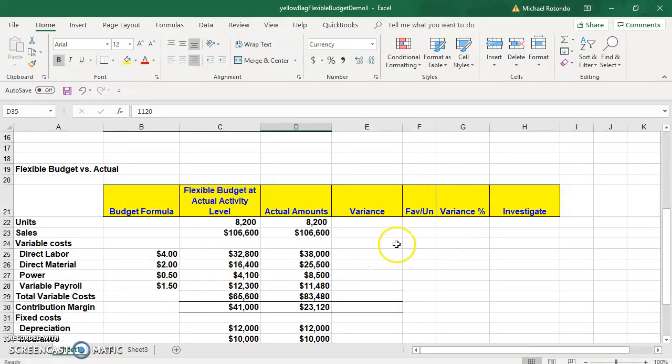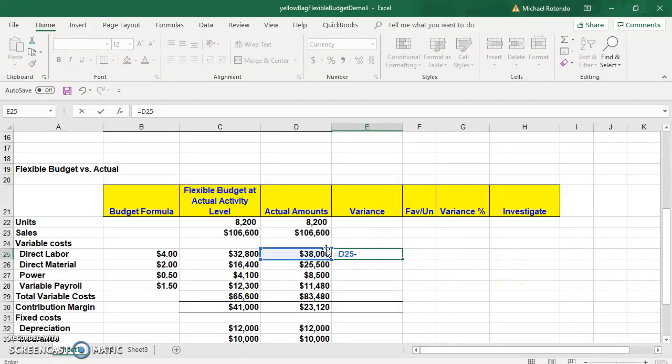Now, variance is simply the difference between the actual amount and the budgeted amount. And we usually don't do negatives with variances. So we would just take the higher number minus the lower for each of these.